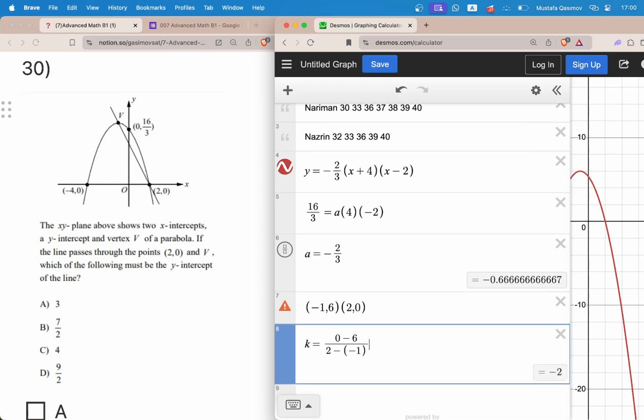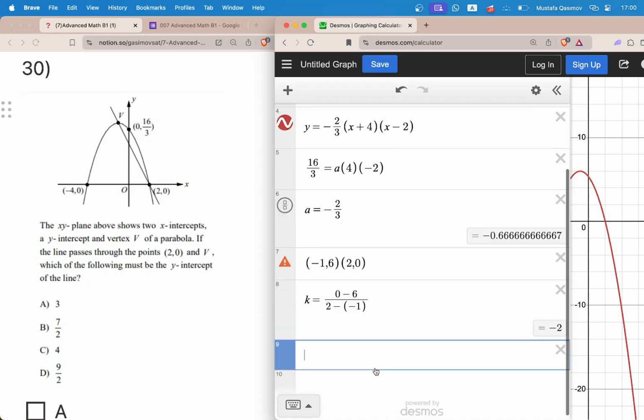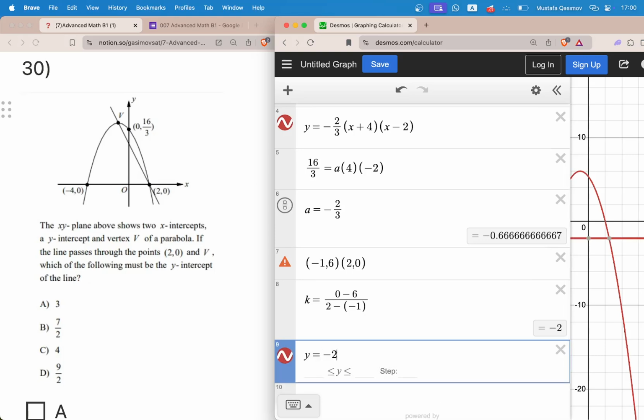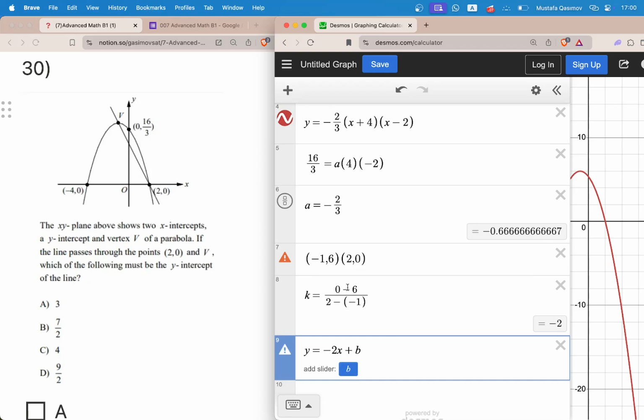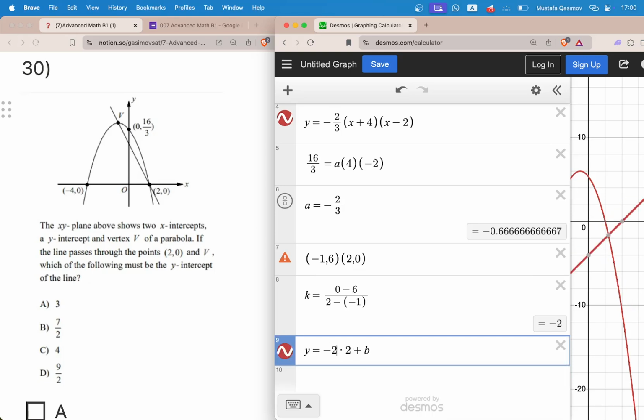Then it will be equal to negative 2. Then y is equal to negative 2x plus b. Then put one of them here. Let's put 2 and 0. Okay, b is equal to 4, but okay, we have 4.